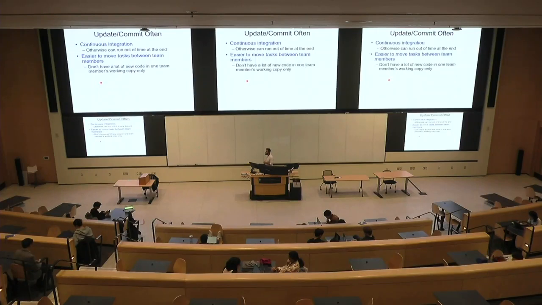Let's say that Bob in a certain team had 10 functions to implement. Five of them are already working, but he hasn't pushed his code, and the remaining five he's still working on in his local copy of the repository.